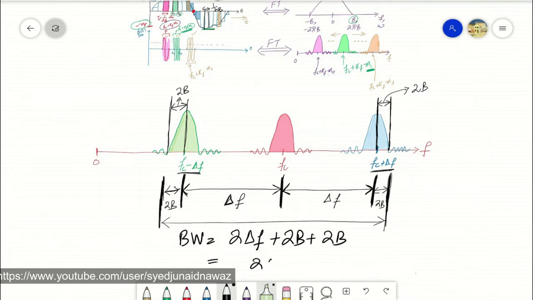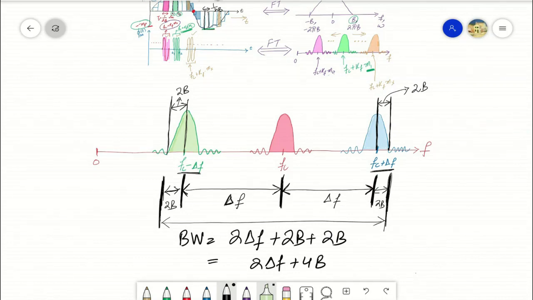That is equal to 2 times delta f plus 4 times b.